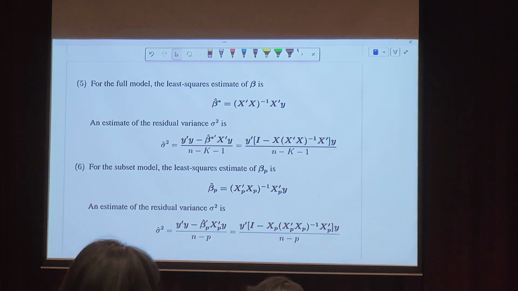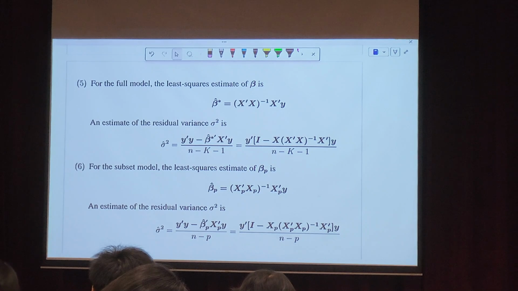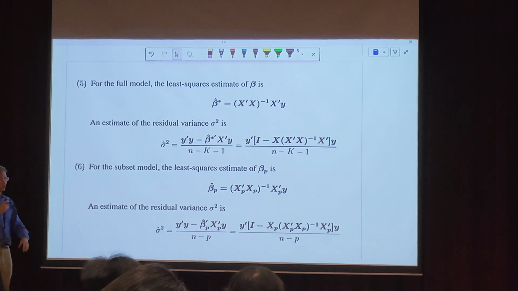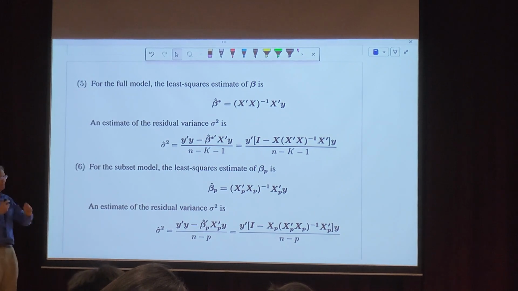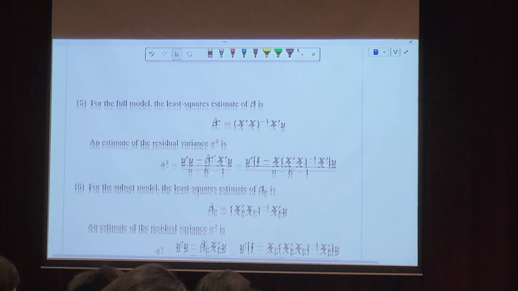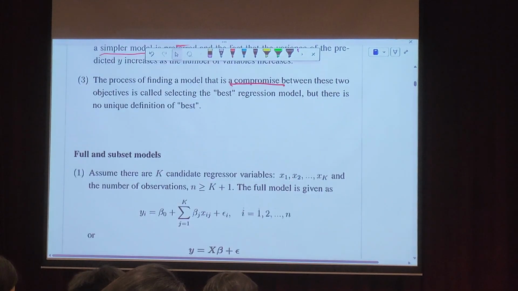I guess the main message is, if you have a subset model, your regression coefficients are biased, but your predicted value will have a smaller variance. So it has some positive things and some negative things. You can take a look at this theoretical result.